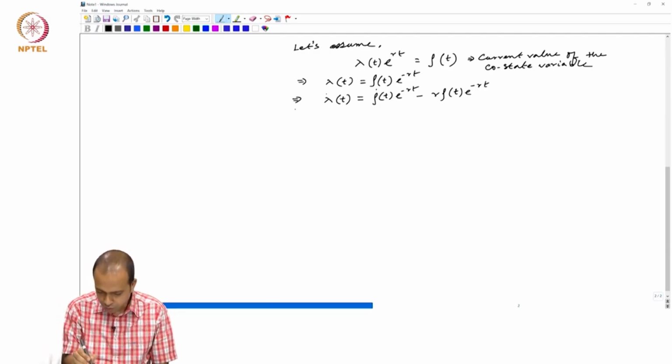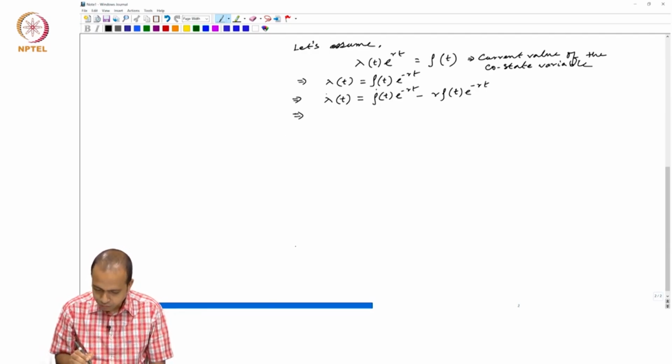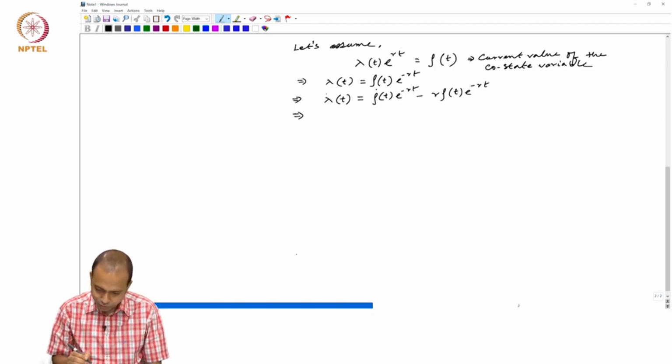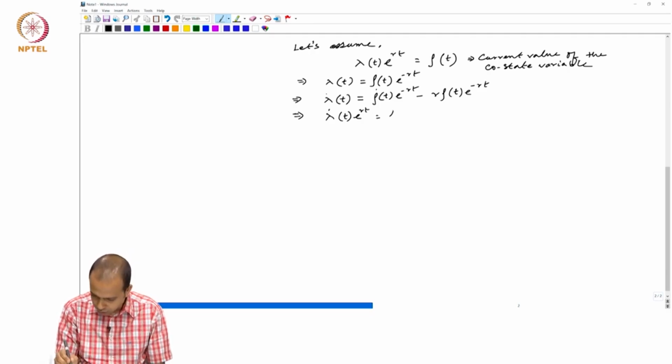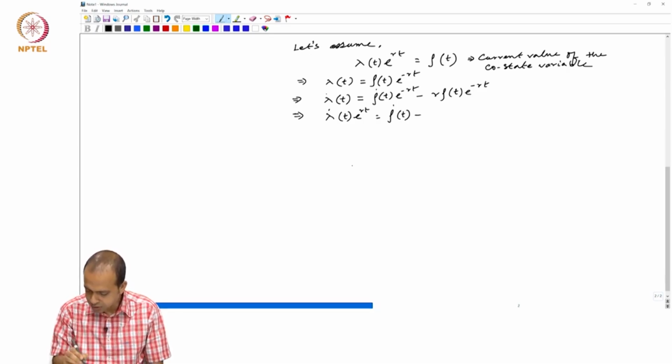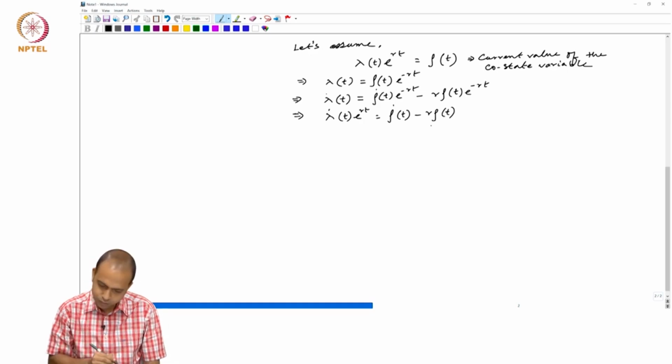Okay. Now, if you multiply both sides by e to the power r t, then what you will get: lambda dot t into e to the power r t equals rho dot t minus r into rho t.